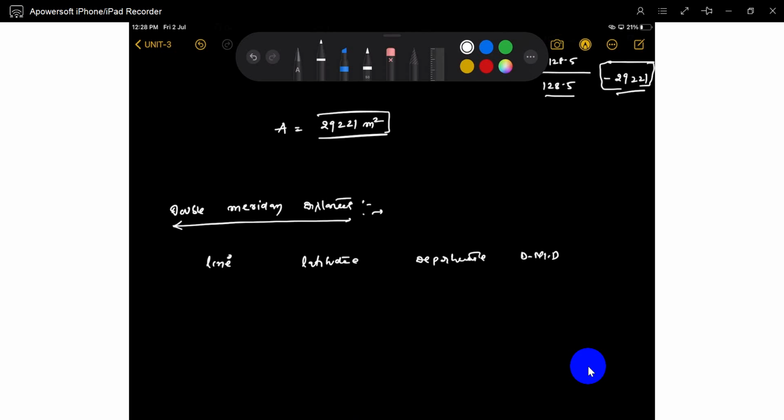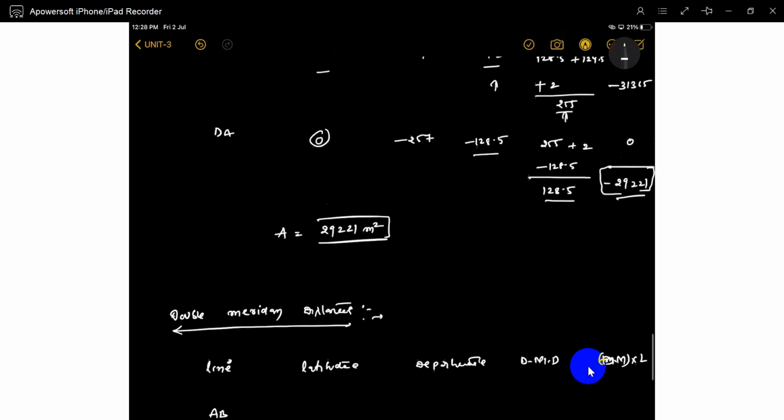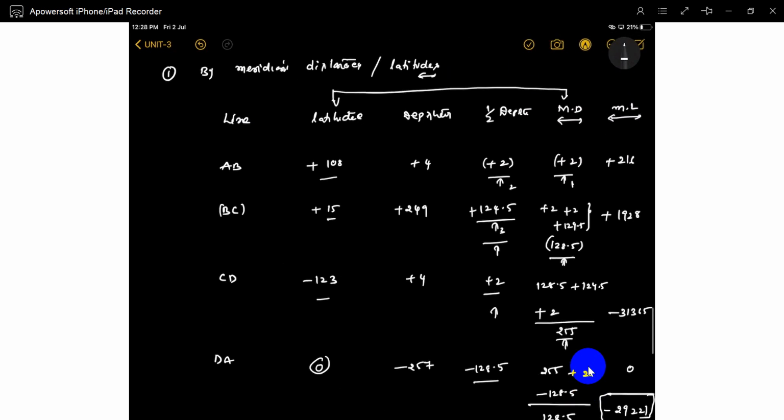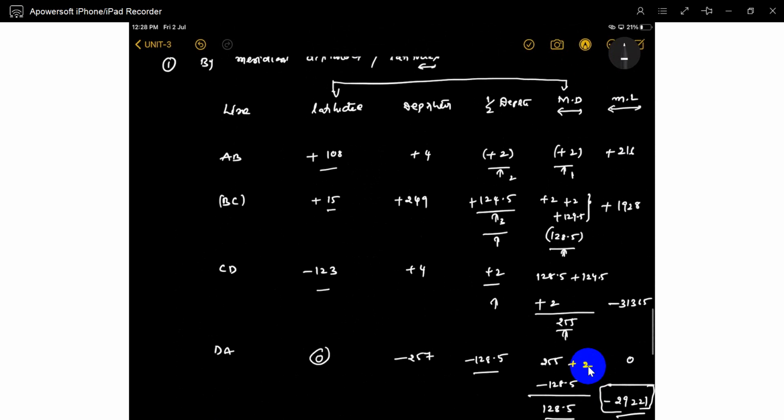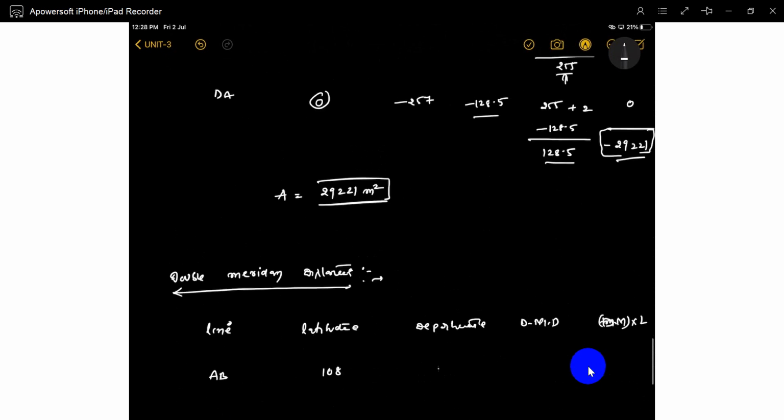Directly double meridian distance, no need of half, and multiply DMD with L. Okay, so what is the line AB? AB longitude we already know, 108. Departure is plus 4. So the double meridian distance is the same thing.